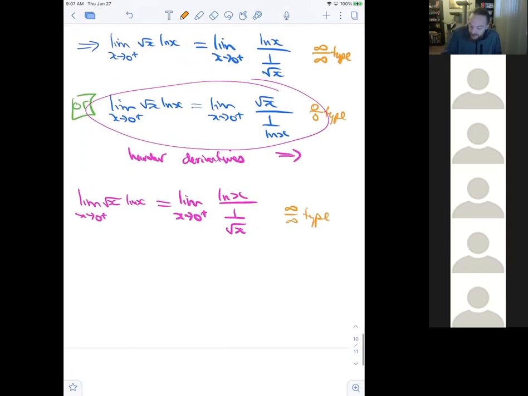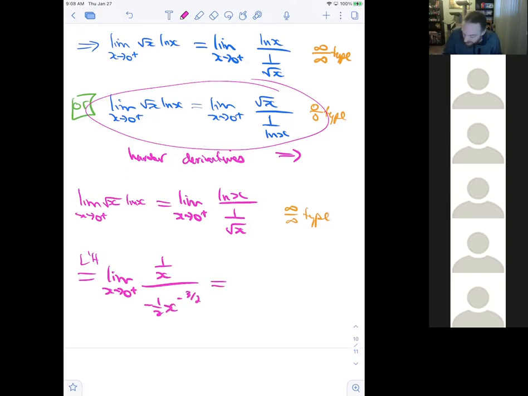So then I can take the derivative. This equals, by L'Hospital's rule, the limit as x approaches 0 plus of the derivative of the top, which is 1 over x, over the derivative of the bottom, which is negative 1/2 x to the negative 3/2.